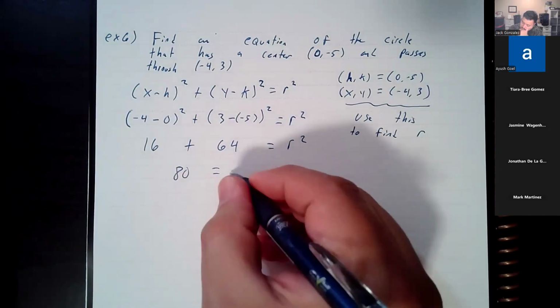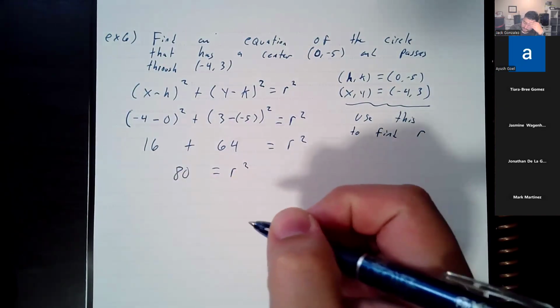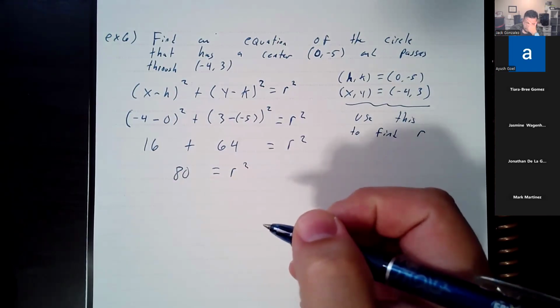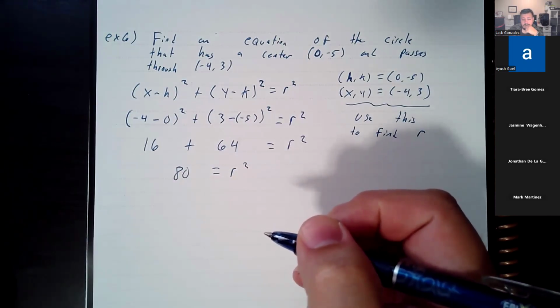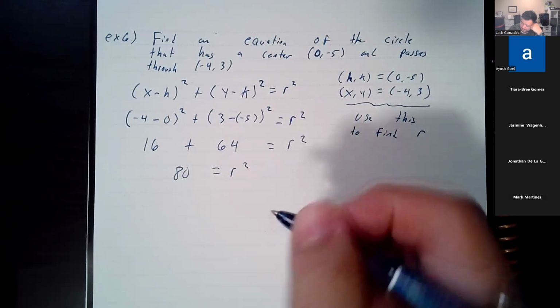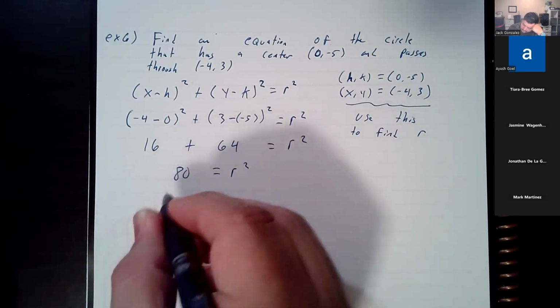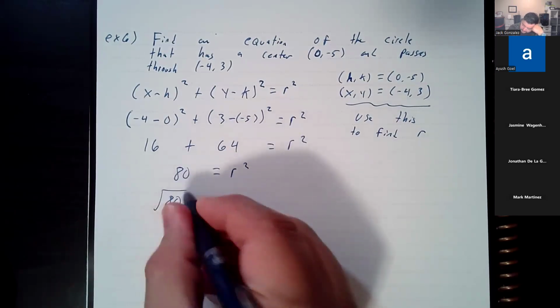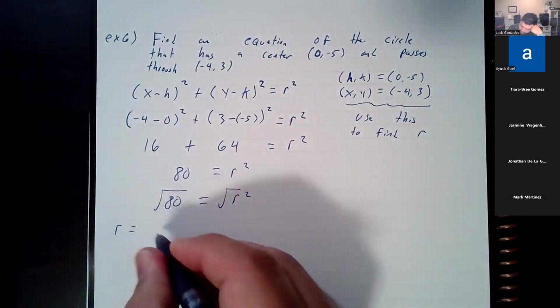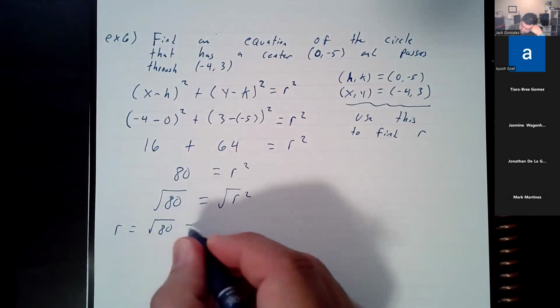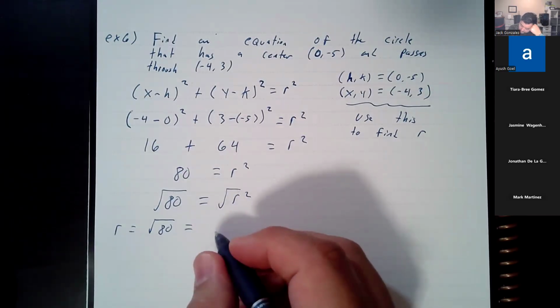Yeah, it's going to be 80. It is not a perfect square, so if we were to plot it, we wouldn't be able to get the exact number by counting. It's going to be some decimal. So we'd have to square root both sides. So r is equal to square root of 80, which can be reduced.